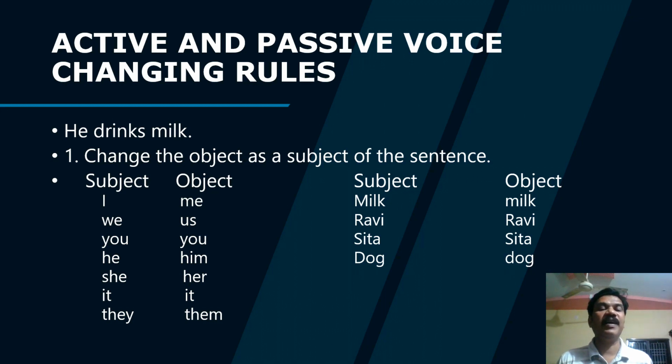If there is I, it becomes me; we, us; you, you; he, him; she, her; it, it; they, them. But nouns have no change. Milk, milk. Ravi, Ravi. Sita, Sita. Dog, dog. So names never change. Subject or object, the same word you can use, vice versa.